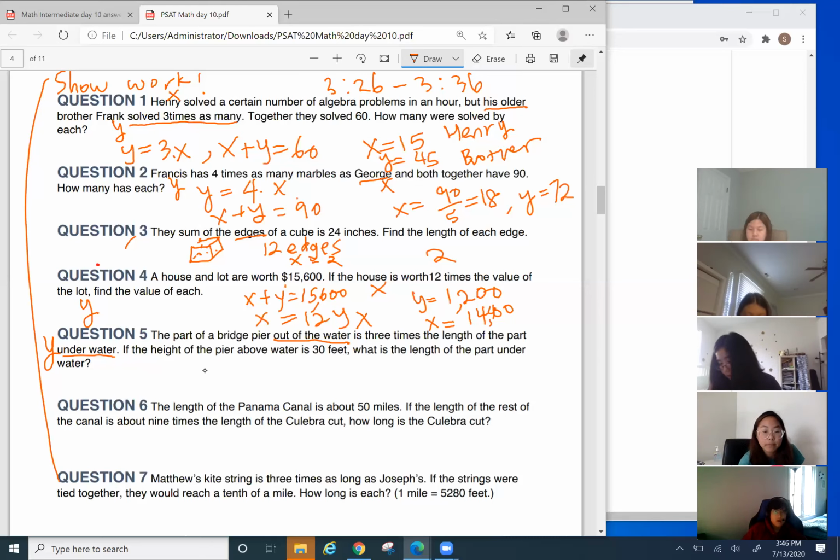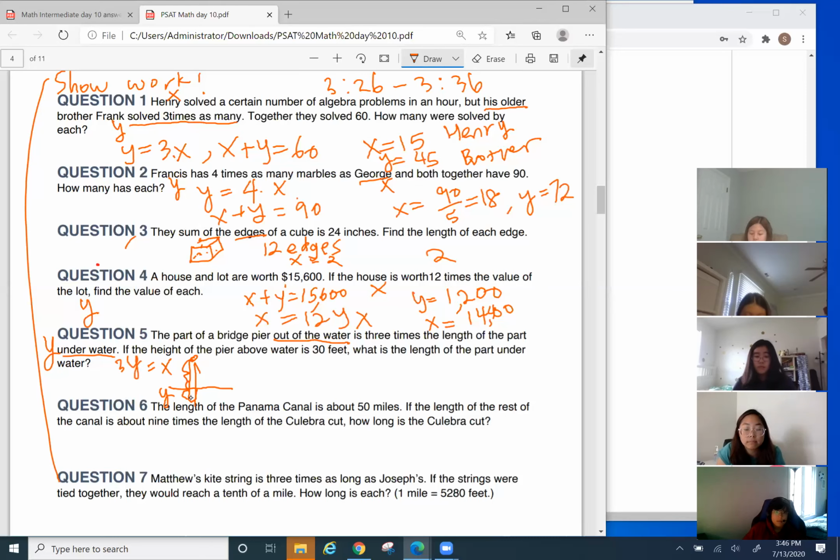Not 3x equals 30. Think about it again. There's a total height of 30 here. And then out of water is 3 times the in the water. And in the water is y, and outside the water is x. And x equals 3 times y.